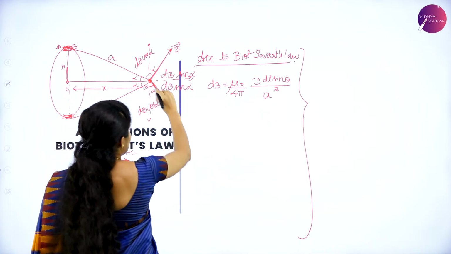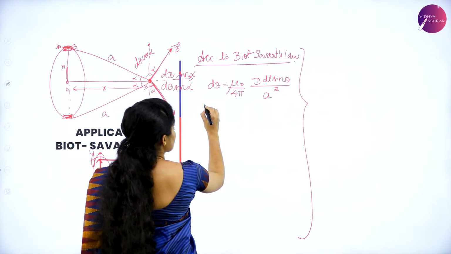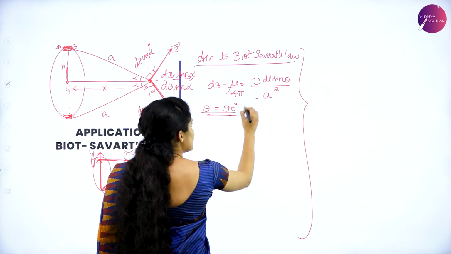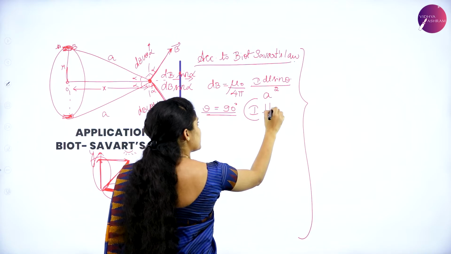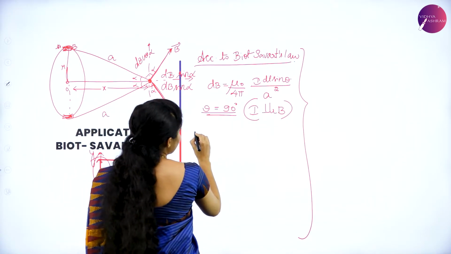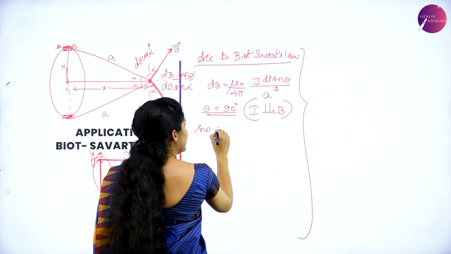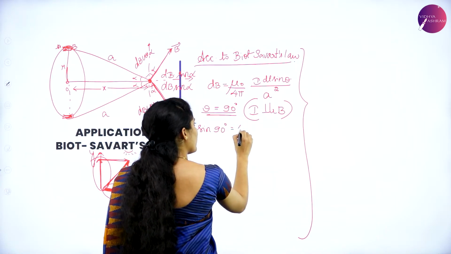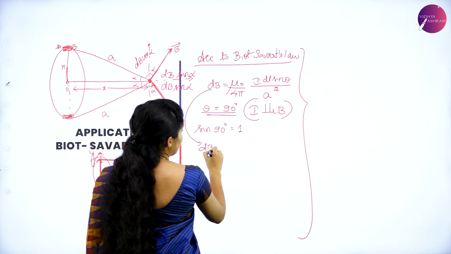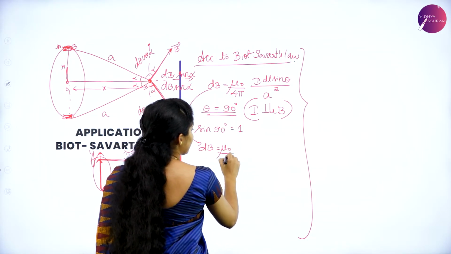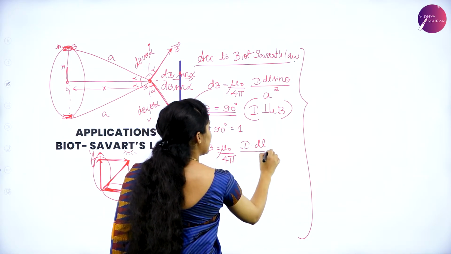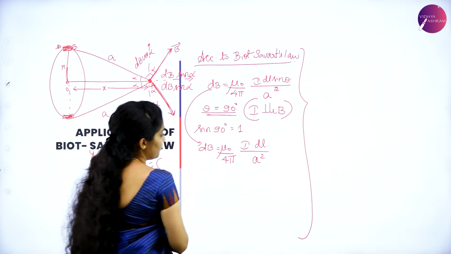Now, as I had told you, theta is equal to 90 degrees, because I is perpendicular to the magnetic field. When this is the case, sine 90 degrees is nothing but 1. So the equation turns out to be dB is equal to mu naught by 4 pi I dl divided by a square.